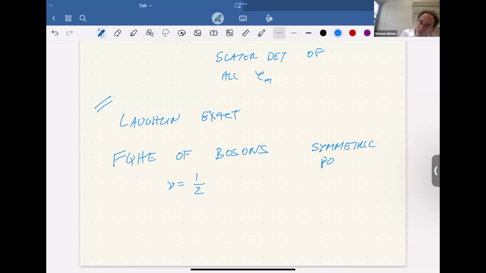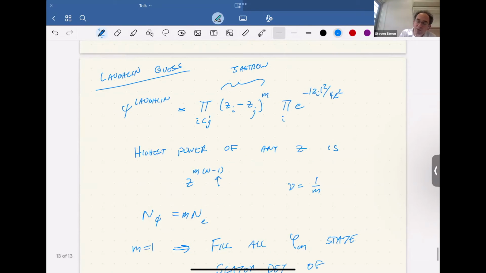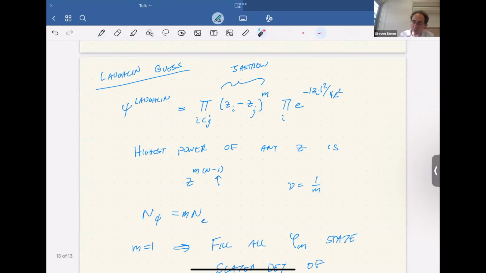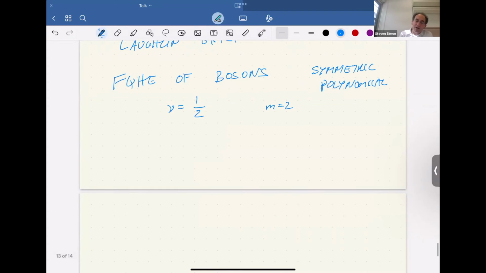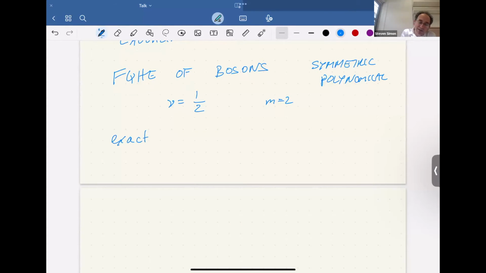A symmetric polynomial. And if I just insert m equals 2 up here, I get a symmetric polynomial rather than an anti-symmetric polynomial. So I can do that by just choosing m equals 2 in Laughlin. And the fractional quantum Hall effect of bosons is actually an exact ground state of the interaction V(r1 minus r2) equals V naught delta function of (r1 minus r2).